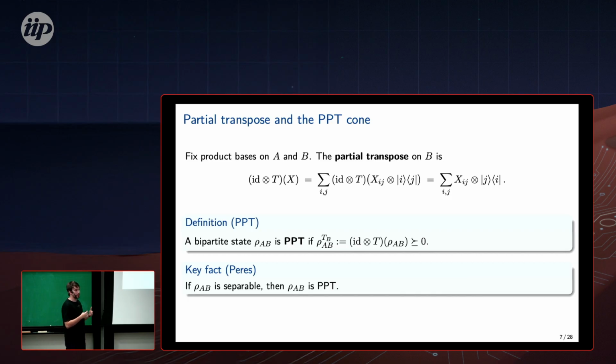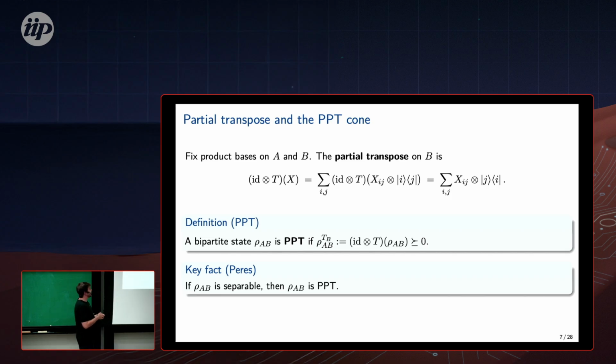Why is it called a partial transpose? Well, if you only had one matrix over here, this would be exactly the transpose, right? You just swapped those entries of the matrix. So we call it a partial transpose because it's acting only on the second half of the system.